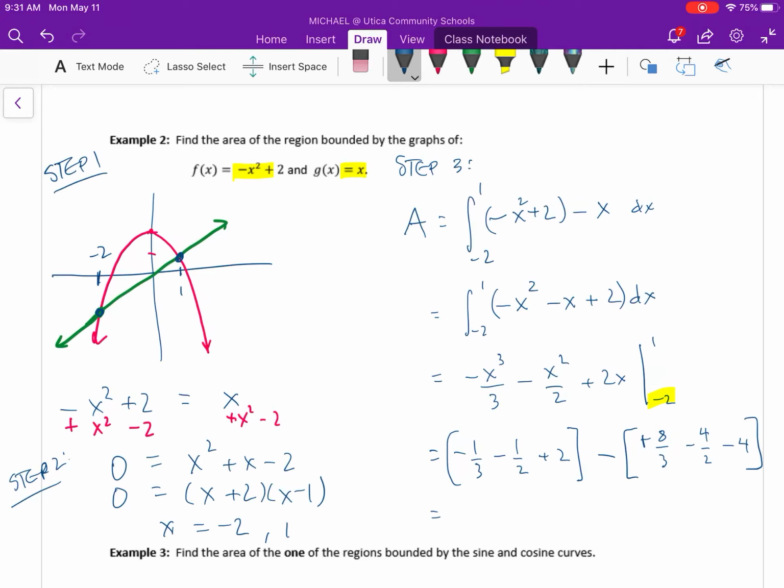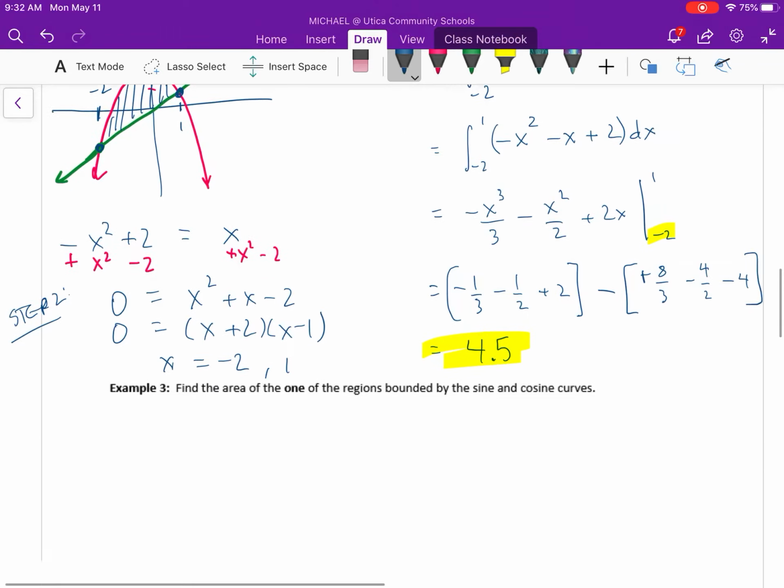Negative 1/3 minus 1/2 plus 2 minus 8/3 this time plus 2 plus 4 gives me 4.5. So there is my area that is in between those two curves. Again, top minus bottom.